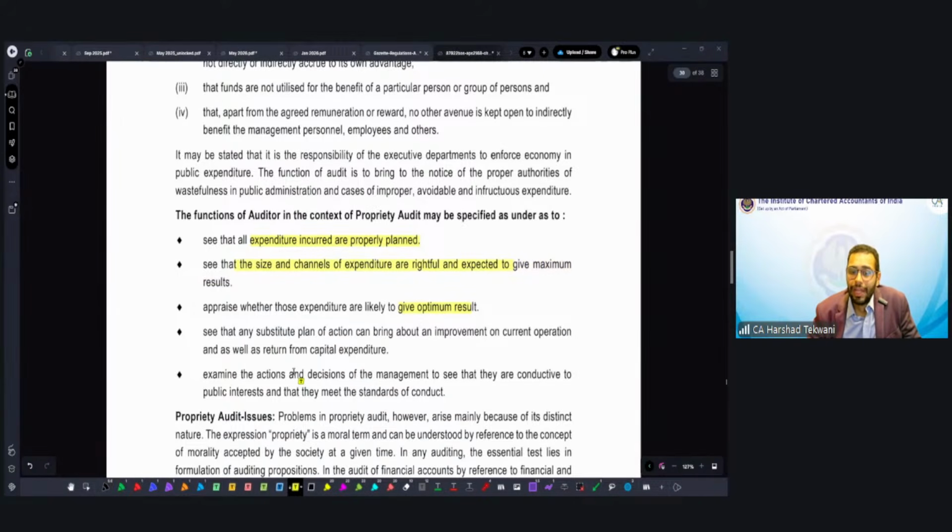There should be appropriate decision making. So we examine the actions and decisions of the management. They should be in the public interest. These are certain things that we evaluate in the proprietary audit. It is the moral aspect, basically, that we are talking about. Clear? Any doubt?